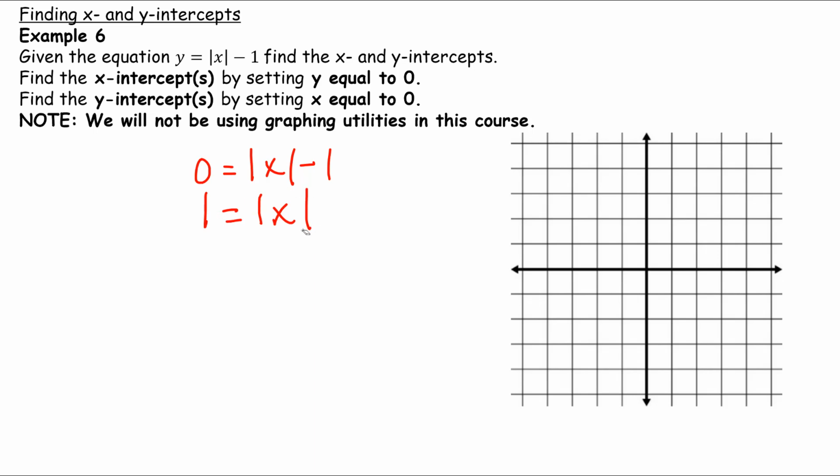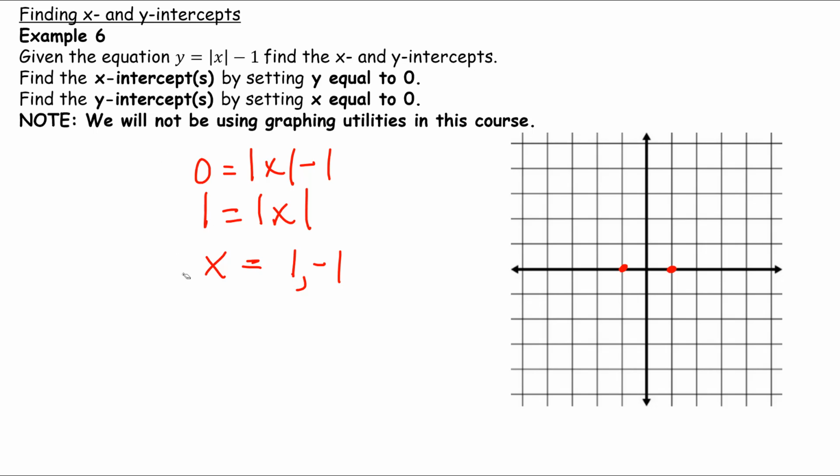And if 1 is equal to the absolute value of x, then we know x must be either 1 or -1, because the absolute value of 1 is 1 and the absolute value of -1 is 1. So x is going to equal 1 or -1. And so the x-intercepts for this are going to be at 1 and -1.